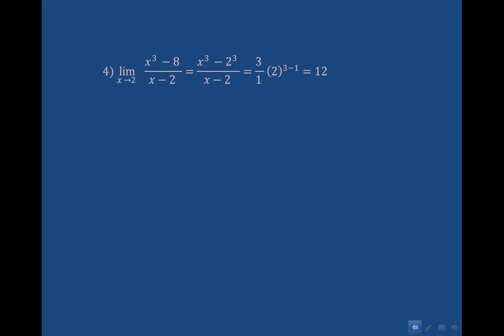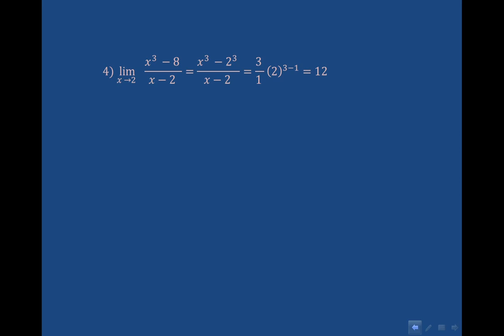X power 3 minus 8 can be factorized into two brackets: x minus 2 as a small bracket and a large bracket x power 2, the middle term will be positive 2x and the last term will be positive 4, over x minus 2.